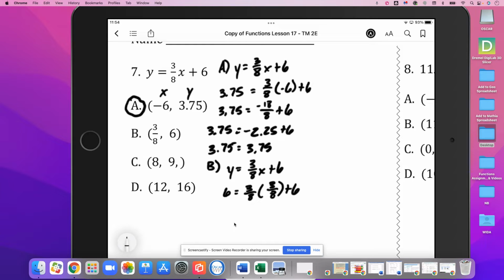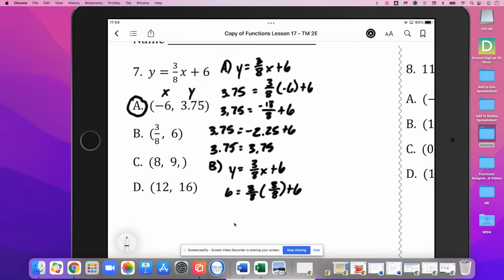I can already see that these are not going to be equivalent because I've got something being added to 6 on the right, so it's not going to work. And so we have 6 equals 3 times 3 is 9. And 8 times 8 is 64 plus 6. And so I can see, like I said, that that's not going to work. It is not going to be equivalent, so that one is out.